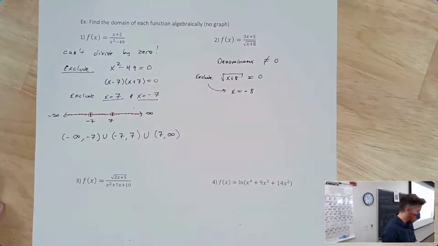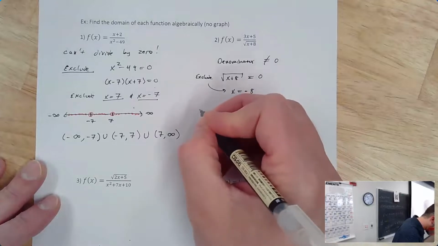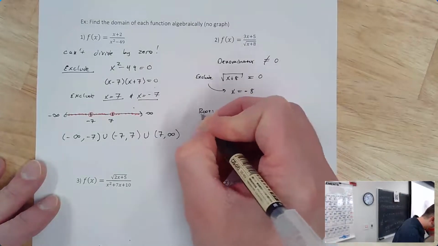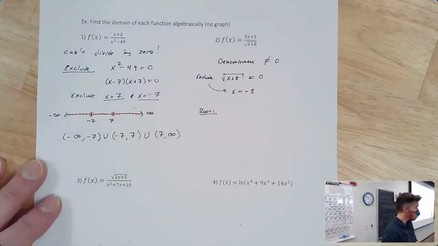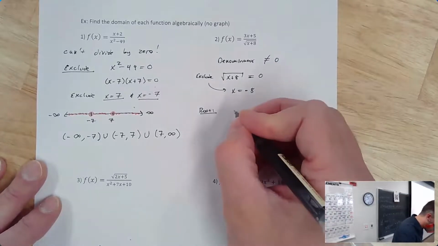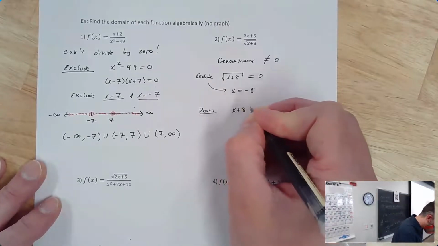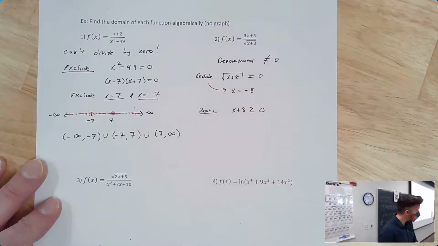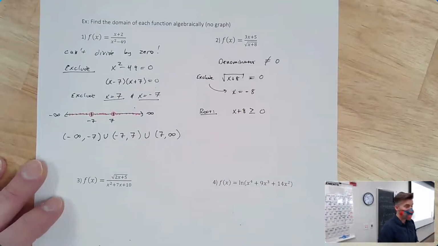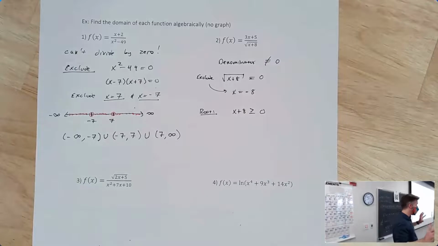I don't want that. But then I also have a square root. And I know that the stuff inside the square root needs to be greater than or equal to 0. So I want the stuff inside the root to be greater than or equal to 0. Do be careful, right? I'm not setting the square root of x plus 8 to be greater than or equal to 0.